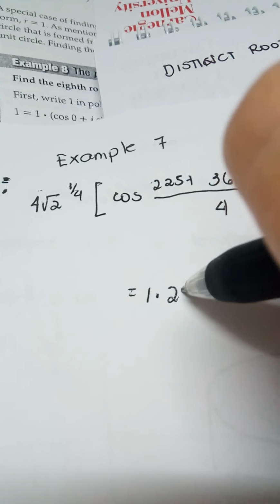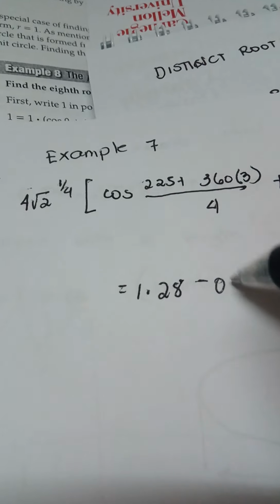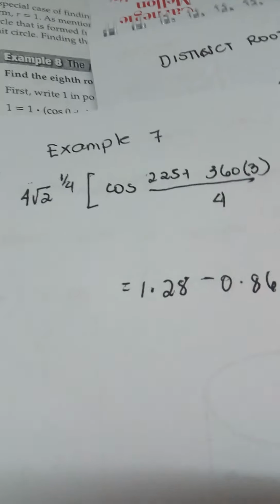So distributive property, final answer here is 1.28 minus 0.86i.